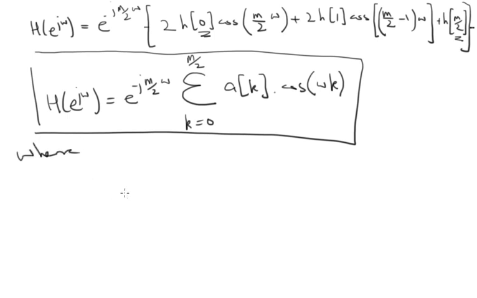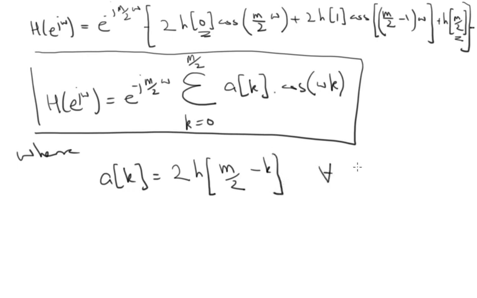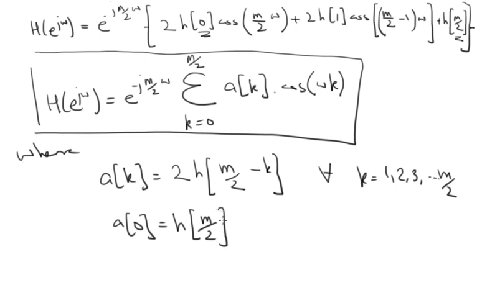Where ak equals 2h of m by 2 minus k for all k is equal to 1, 2, 3 up to m by 2, and a naught is equal to h of m by 2.